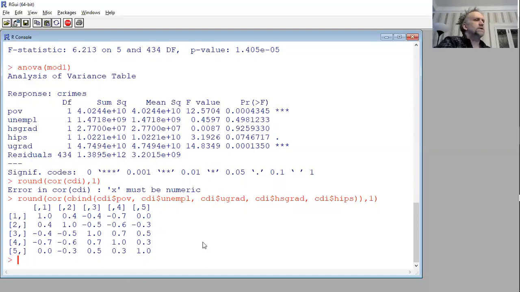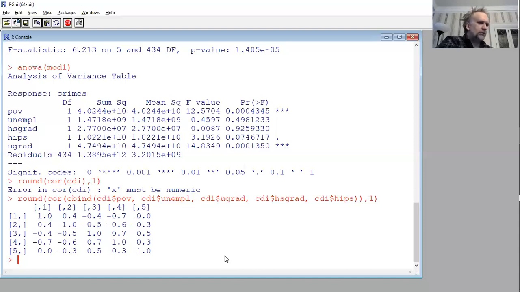So the other ones are reasonably correlated, and I expect some effects of multicollinearity. So let's just take a few of these now. The ones that maybe seem interesting, like the hipsters, the university grads, and the poverty level, people who are poor.